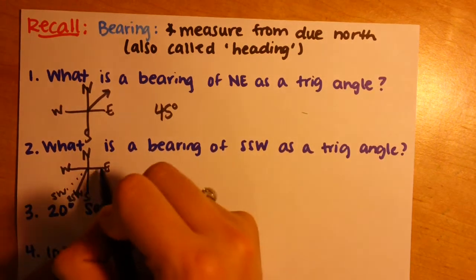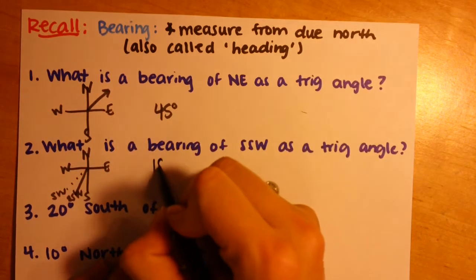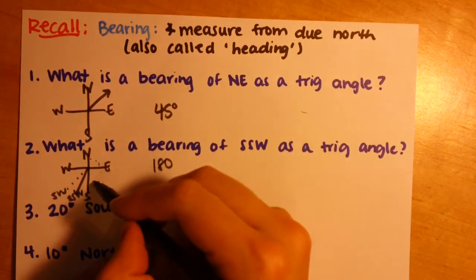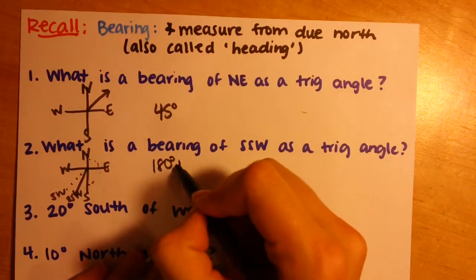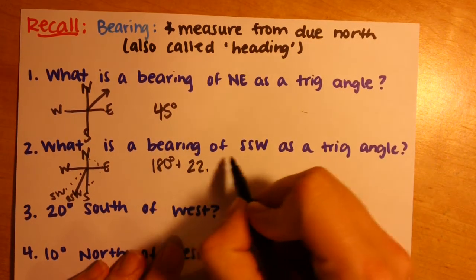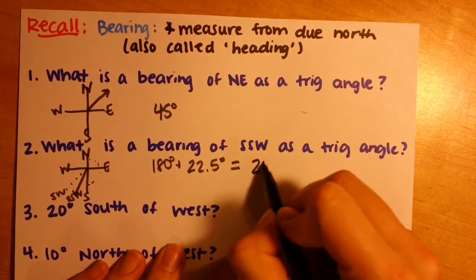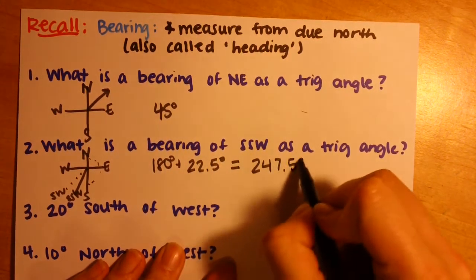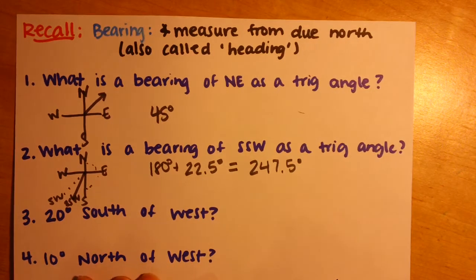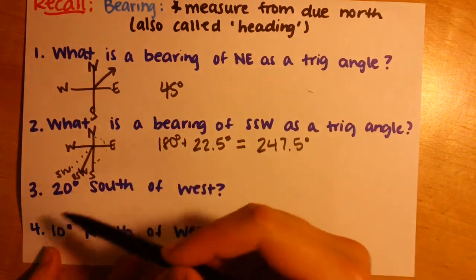So it's going to be 180, which is north to south is 180 from here to here. 180 degrees plus that 45-degree angle divided by 2. So therefore, it's 247.5 degrees. If we want to go 20 degrees south of west, we go over west and you go 20 degrees south.